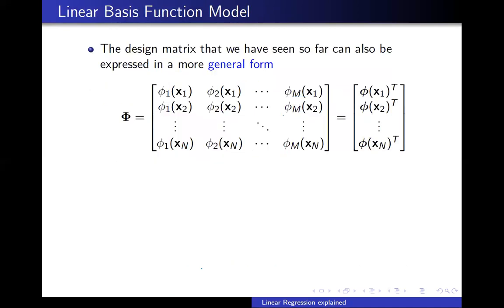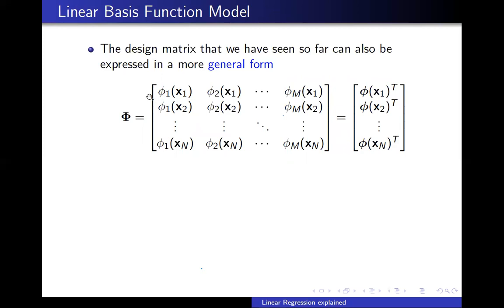All right, so the next topic we're going to talk about is that the design matrix we have seen so far can be expressed in a more general form. Instead of the earlier design matrix, we can represent it as phi, an n times m matrix.